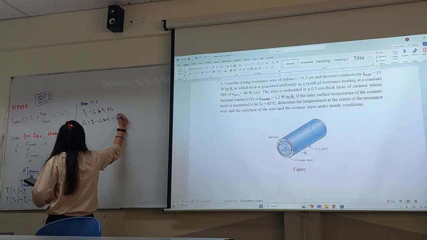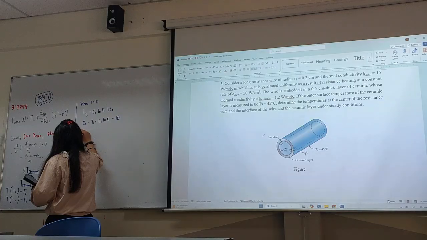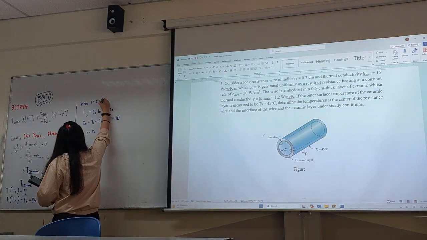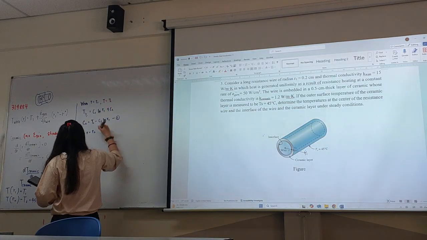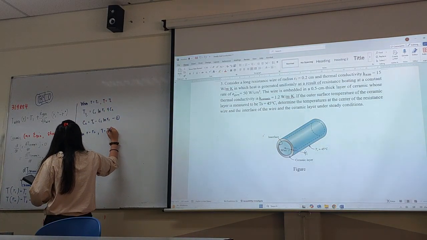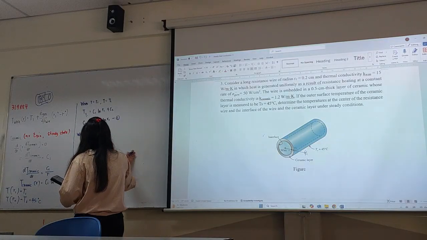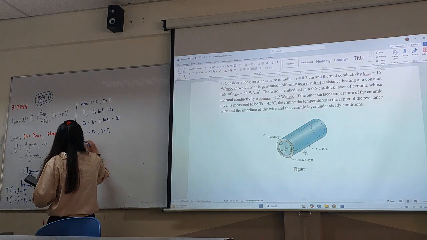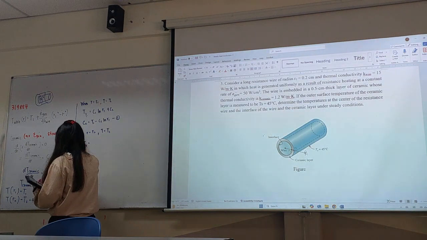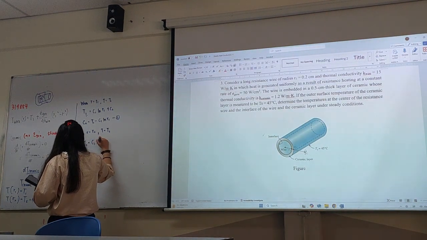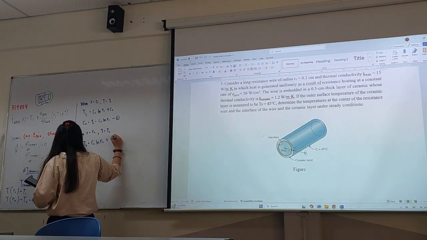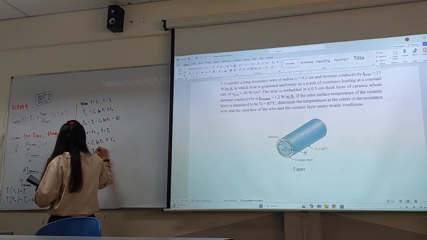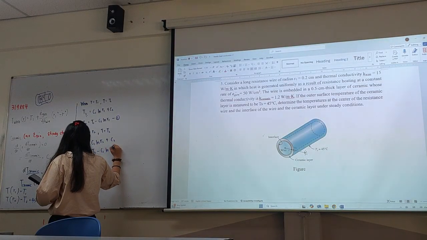That's the first equation. The second condition, when R equals R2, T equals Ts. So Ts equals C1 ln R2 plus C2. Rearranged, C2 equals Ts minus C1 ln R2.